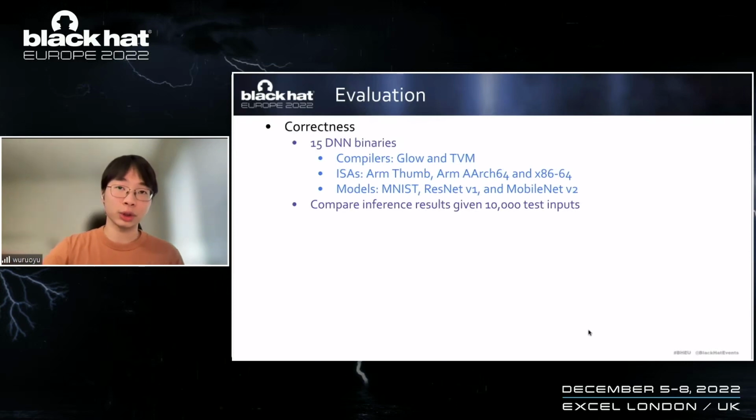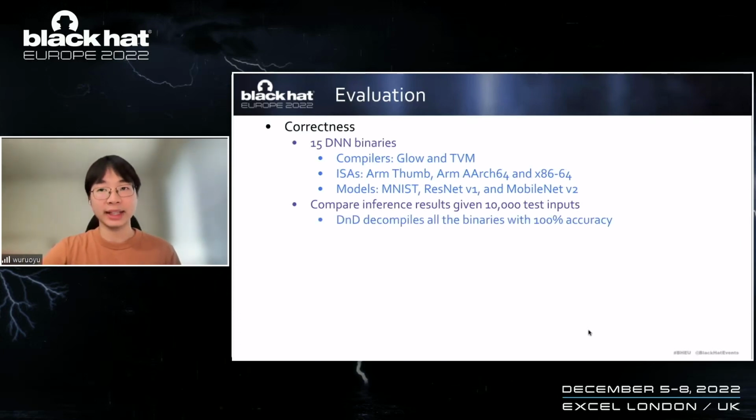We compare the inference results of the decompiled model and the original model given 10,000 test inputs. Our evaluation shows that our system can decompile all the tested binaries with 100% accuracy.